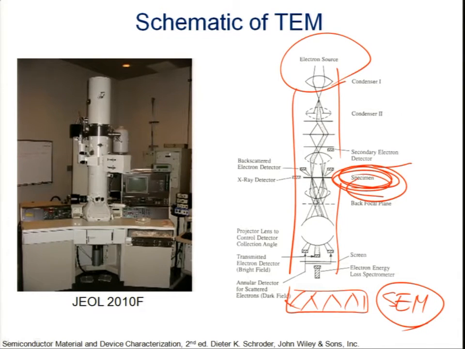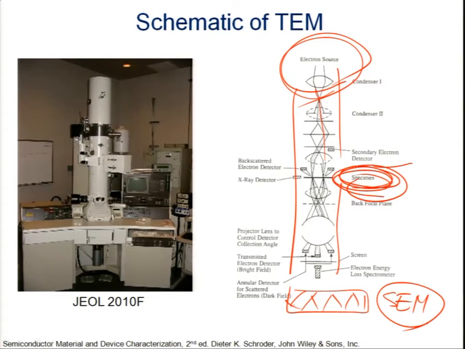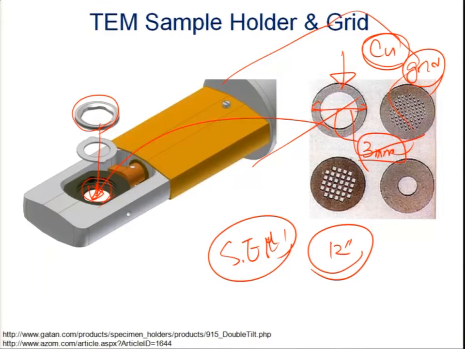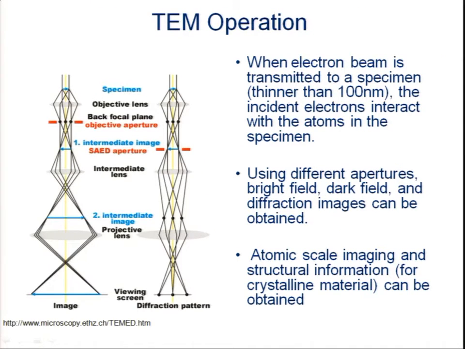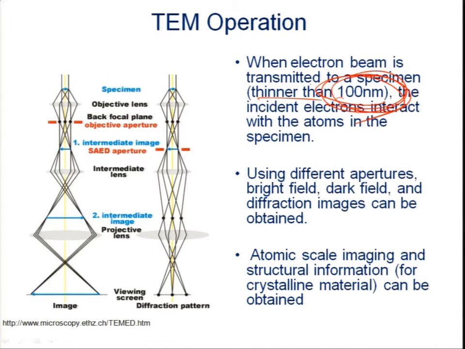In this case, the primary electron beam should pass through the sample. That means the sample should be very thin. It should be thinner than 100 nanometer, but much thinner than 100 nanometer.